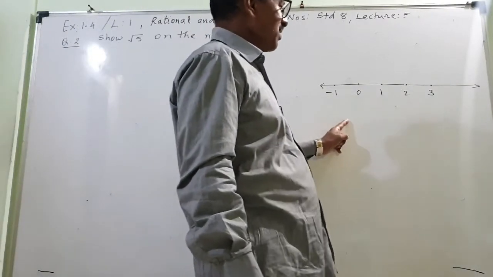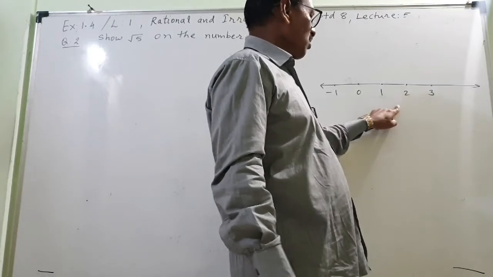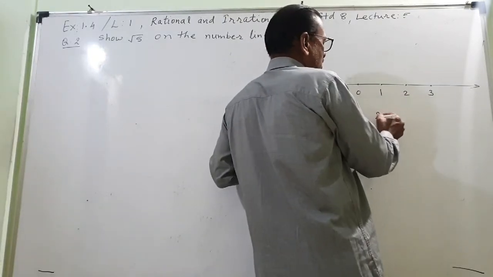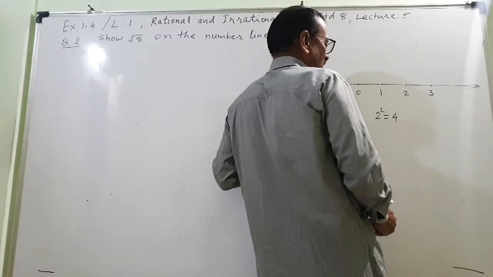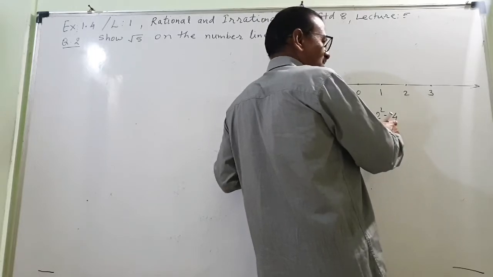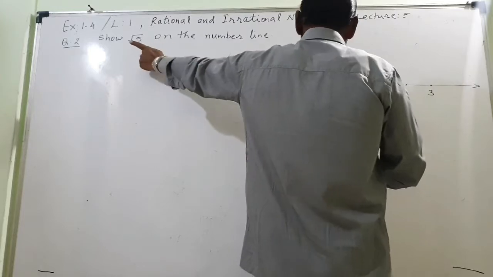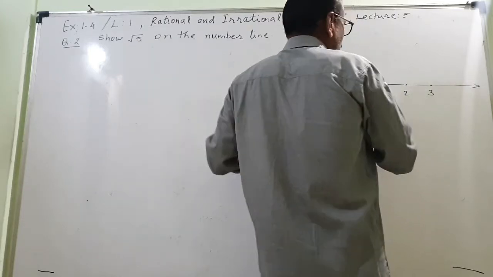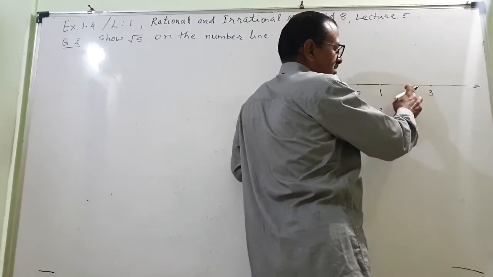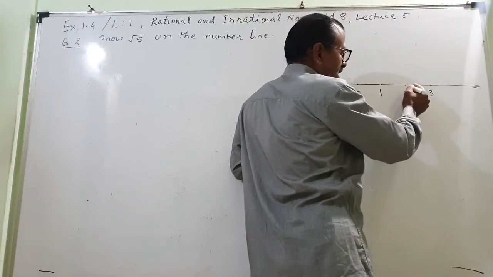So it is definitely beyond these two because 2 square is equal to 4 and 5 means 4 plus 1. So definitely the number which we want, root 5, will be ahead of this.